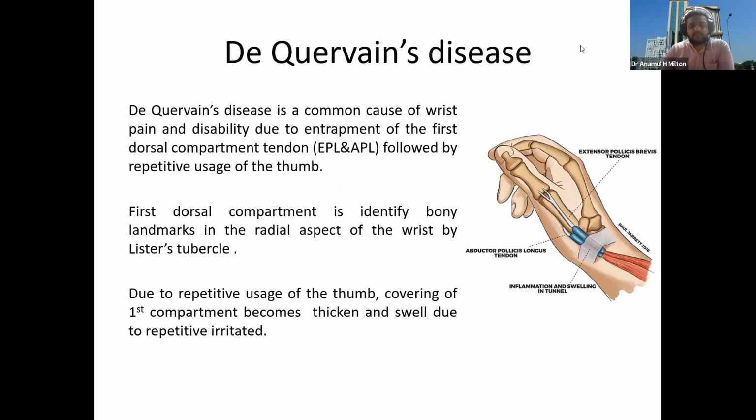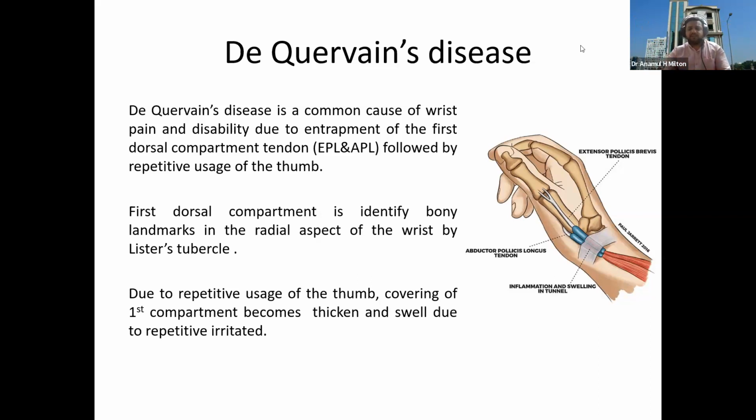As already told by Gautam sir, de Quervain's is the first compartment disease, especially of the abductor pollicis longus and extensor pollicis brevis. These two tendons go within a common sheath, and when they cross the wrist joint, sometimes with direct trauma or repeated work, it causes repeated micro trauma within and around the tendon and sheath.